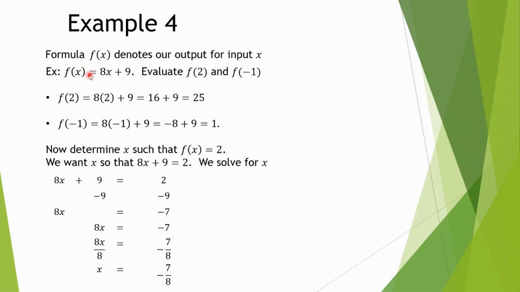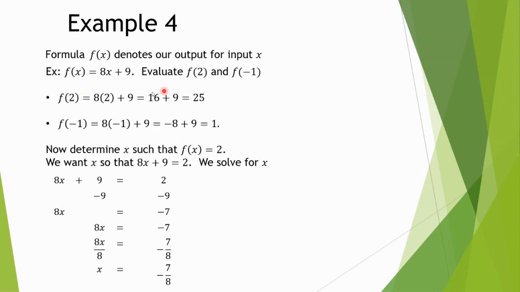Okay, so here, what is the function doing? Well, it's taking x as your input and it's giving you back 8 times x plus 9. 8 times that x, so it's multiplying your input by 8, and then it's adding 9 to it. Okay, well, let's evaluate f of 2 and f of -1.